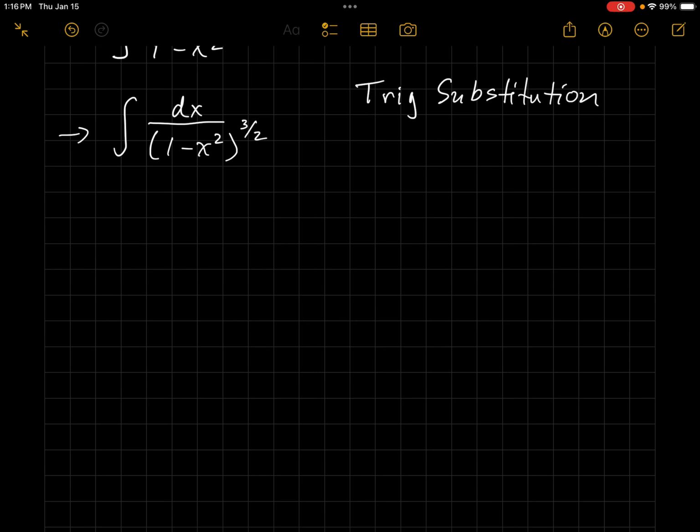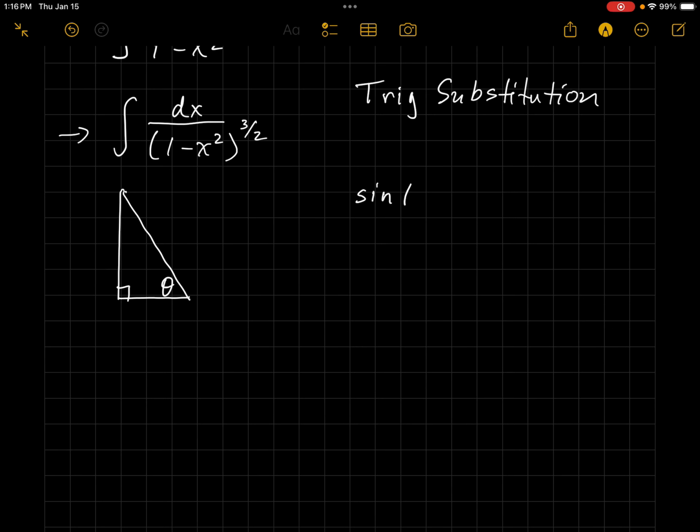Let's start by drawing a right triangle. And we'll get an angle theta somewhere. Let's put it right here in the bottom right. There's the right angle. And my claim is that we should do the following substitution.